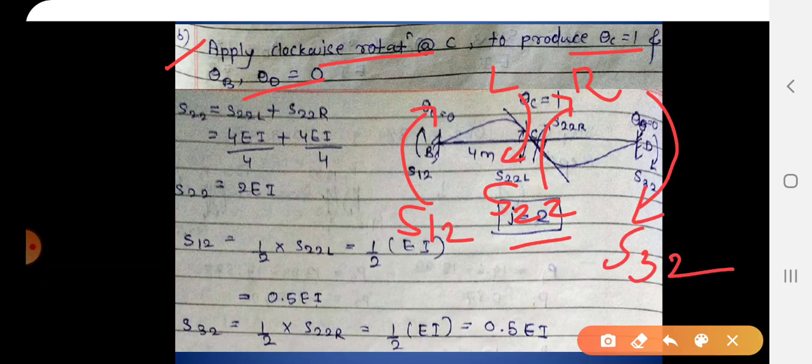These moments are the actions, that is stiffness. First you will get S22L plus S22R, 4EI by L plus 4EI by L, for span BC and for span CD. Then S12 is nothing but half of S22L, and S32 will be equal to half of S22R.